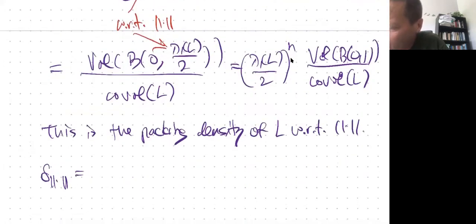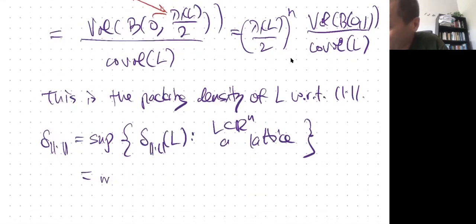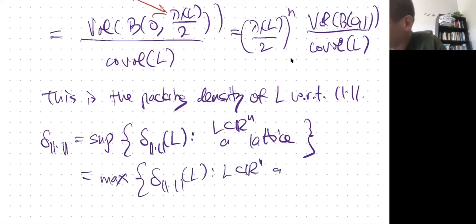And delta is the sup of these numbers over all lattices L in R^n. And we're going to later see that this is actually a max. This we will see later.